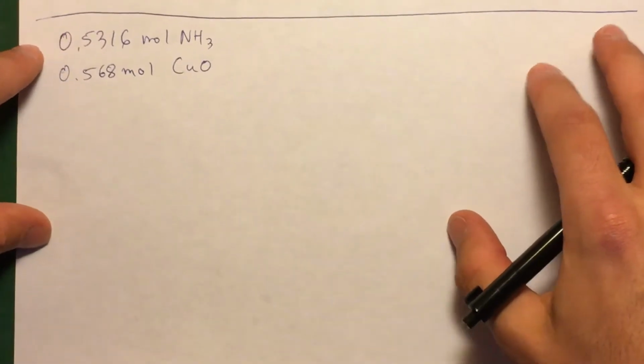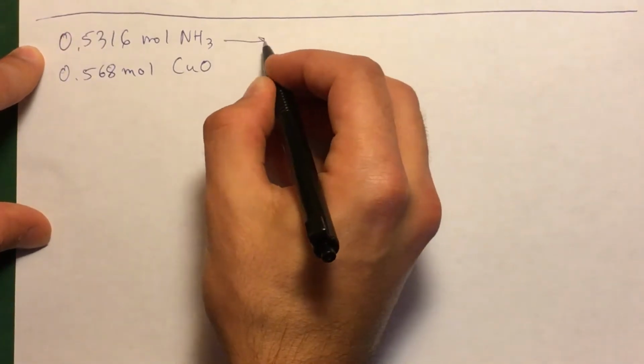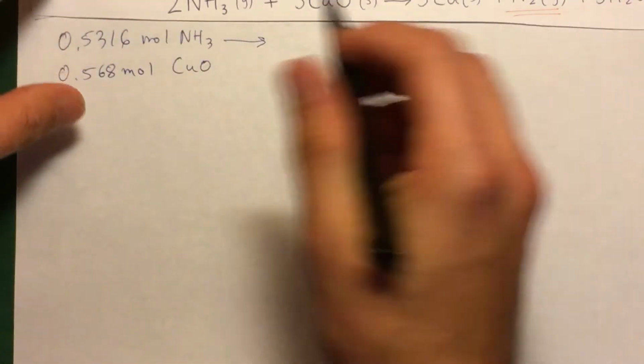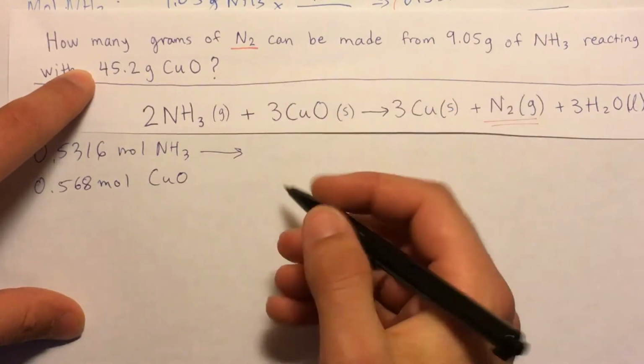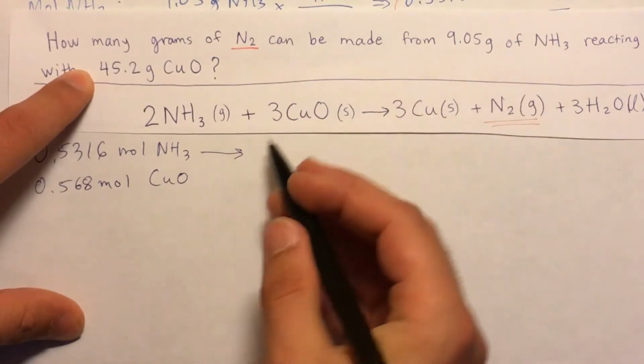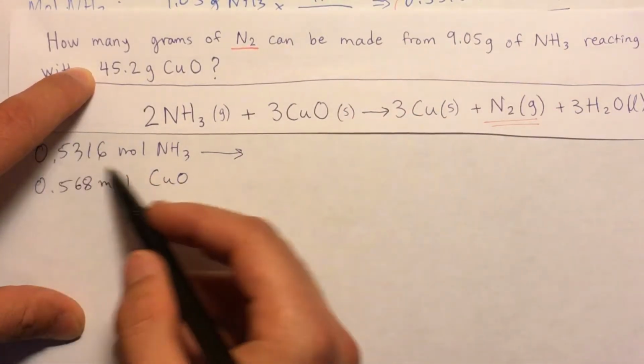What's the goal of the product? Our goal is N2. So how many moles of N2 can we form with this amount of moles?